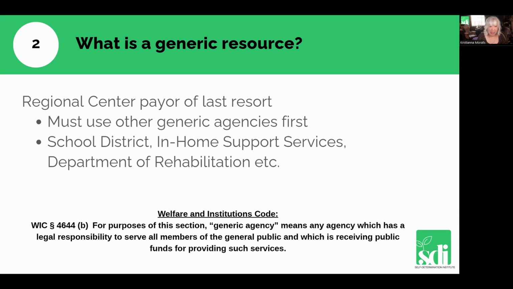Now, a lot of people ask about in-home support services. Is self-determination going to impact those services or vice versa? They do not. So getting self-determination program is not going to impact your in-home support service hours. However, those hours could be counted when they're figuring out your budget.